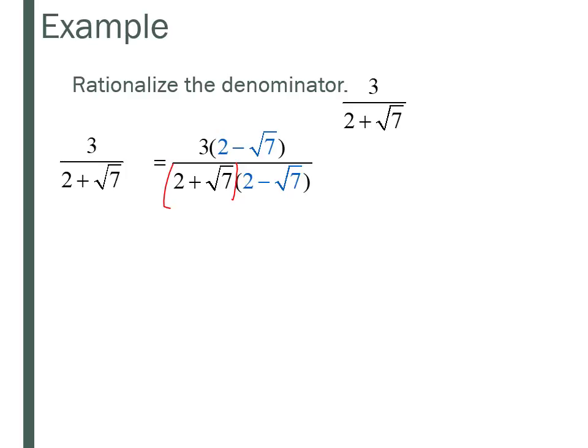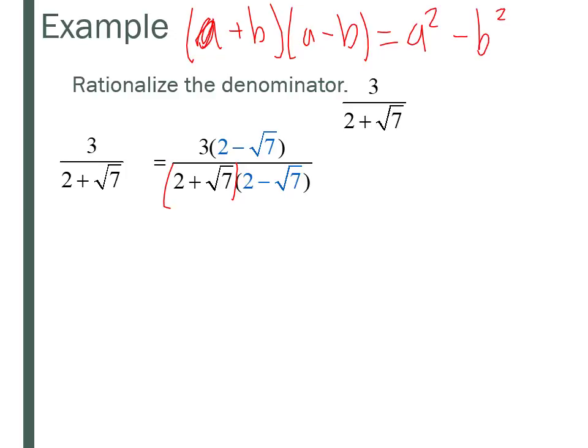If we remember our properties, if I have a plus b times a minus b, it equals a squared minus b squared. So that's our difference of two perfect squares property.